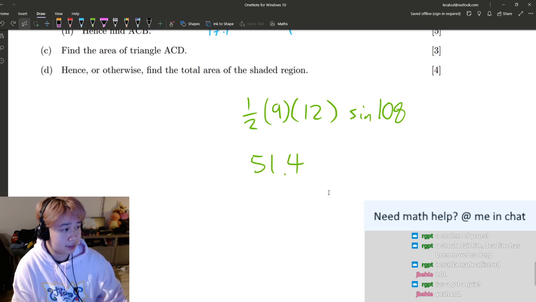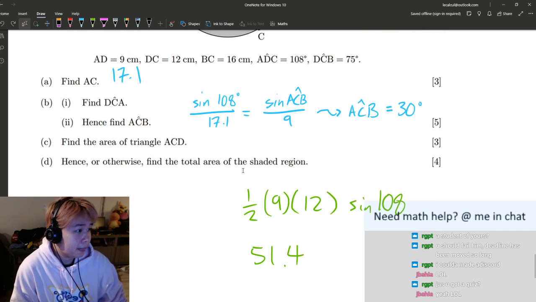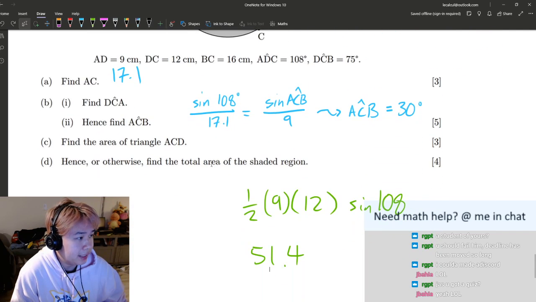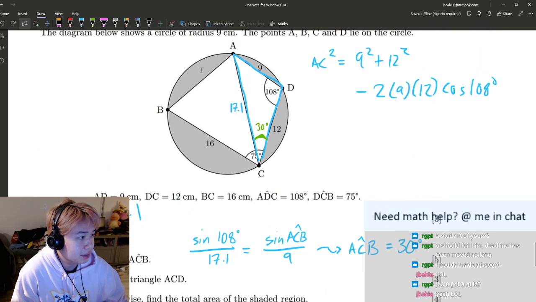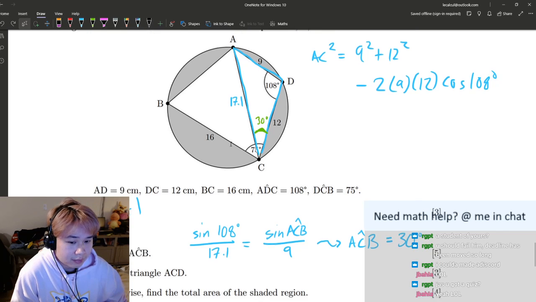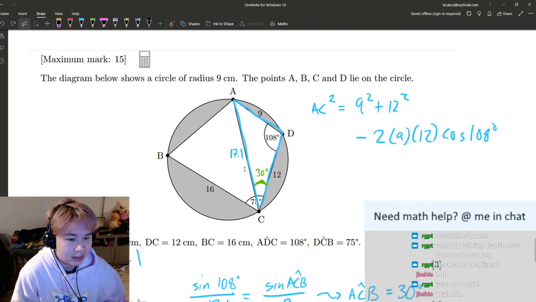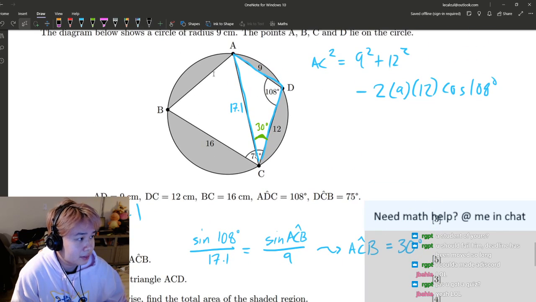I don't care about units right now. And then, hence or otherwise, find the total area of the shaded region. So this entire region right here, right? Hence or otherwise, find the total area of this entire shaded part.